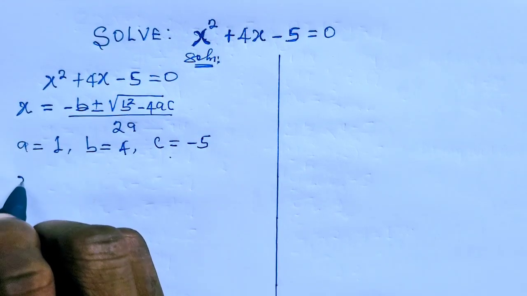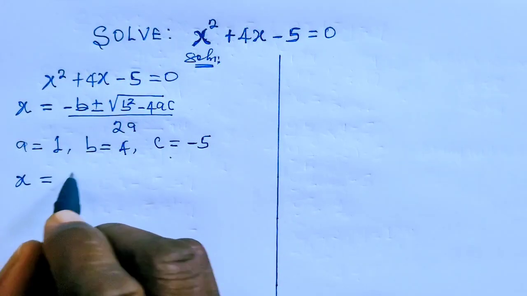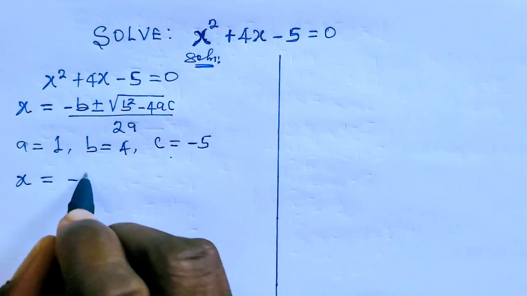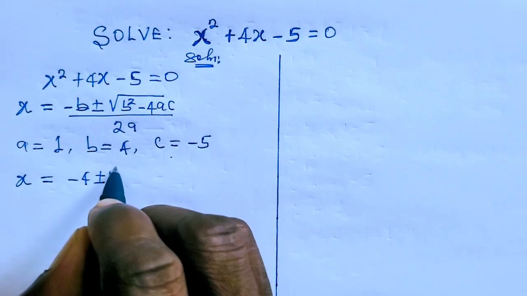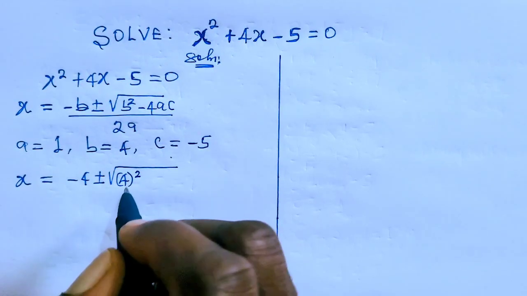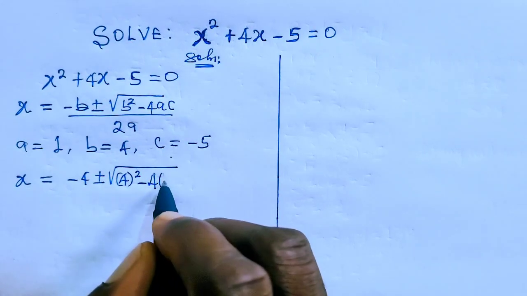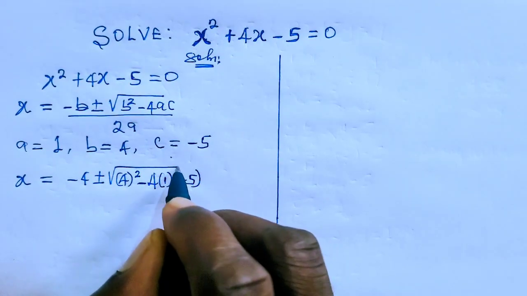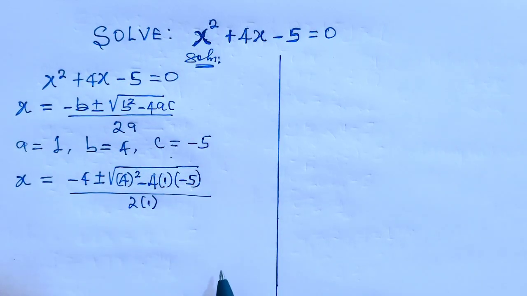And we are going to have here that x equals, here b is 4, positive 4, then minus 4 plus or minus square root of 4 squared, which is b squared, minus 4 into a, which is 1, then into c, which is minus 5. Now, all over 2 into 1, which is a.